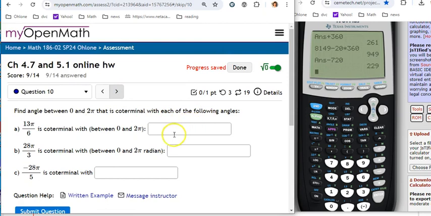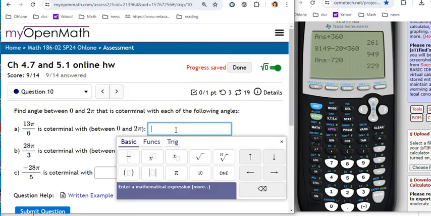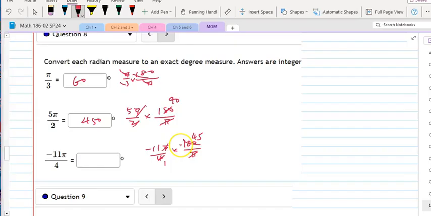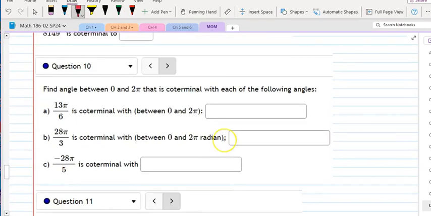Find an angle that is coterminal in radians, so I would add or subtract 2 pi, right? We would do it by hand with fractions. 13 pi over 6, subtract 2 pi, which is 12 pi over 6. That's pi over 6.